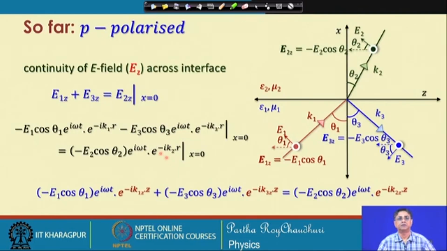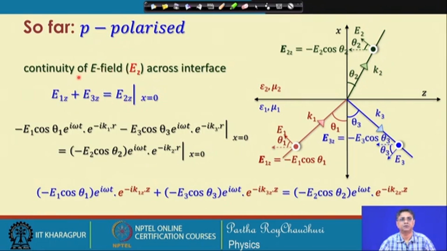Okay. So far, all that we have discussed is the continuity of the tangential component of the electric field across the interface, which has given us this equation, E_1z plus E_3z equals E_2z at x equal to 0.